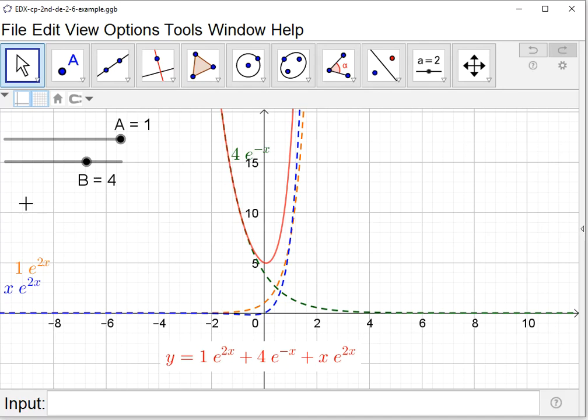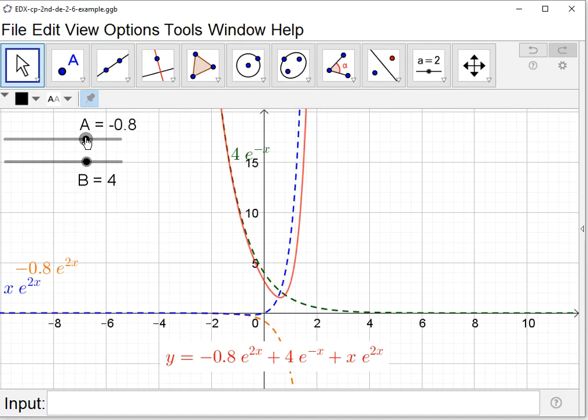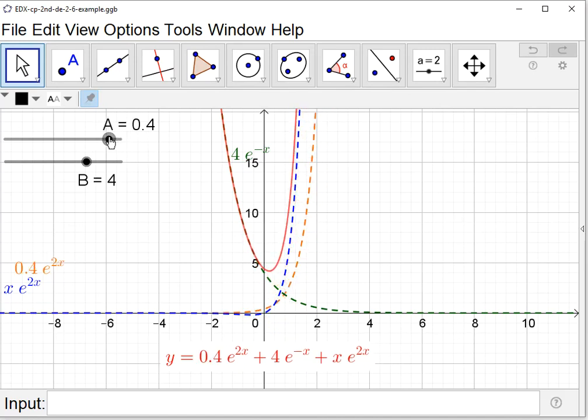If we now look at what happens as x tends to infinity, the e to the minus x term will tend to 0, and we will have two dominant terms. As x tends to infinity, we can see that the red solution isn't quite tending towards either of the two exponential curves, because both of them are dominant. One of them is positive and one of them is negative in some cases as well.